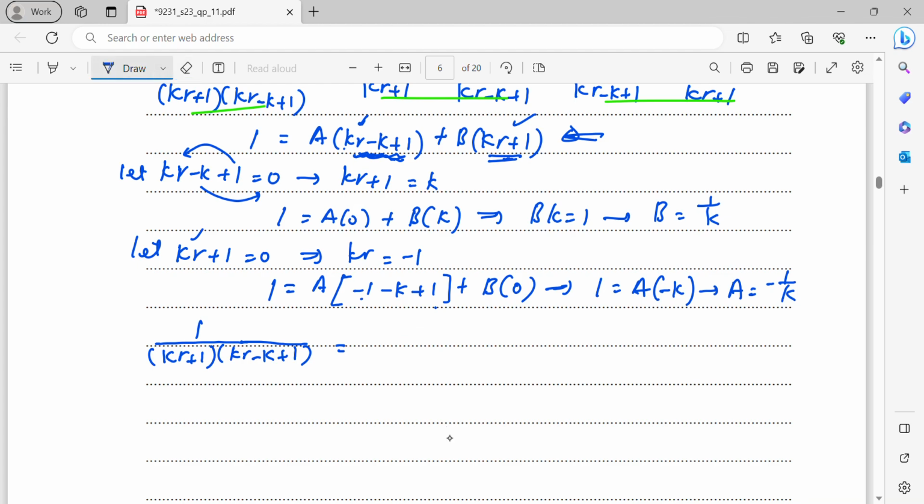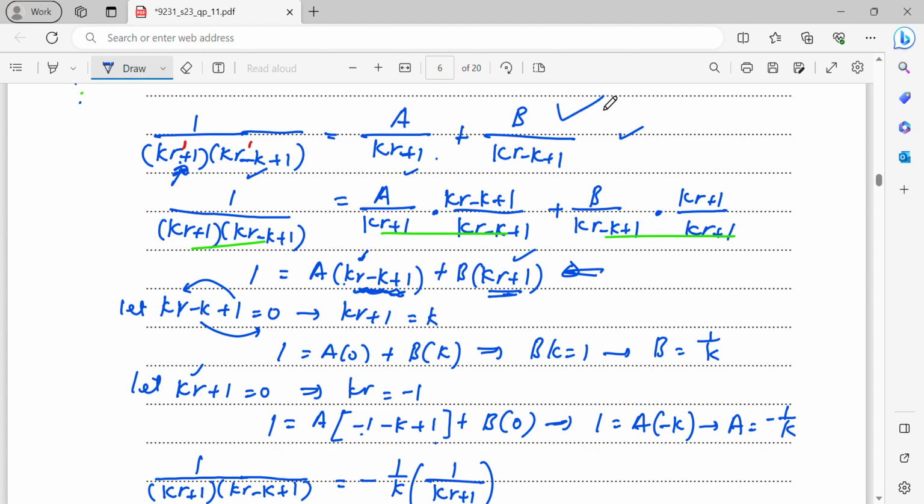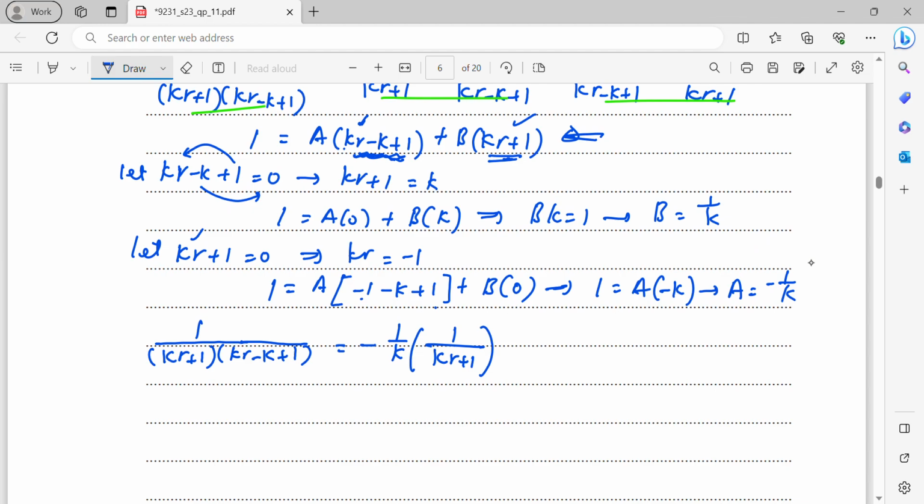So I will write negative 1 over k bracket 1 over kr plus 1. Now my b is 1 over k. Since it is a fraction, factorize 1 over k as well. So now I will get plus 1 over k bracket 1 over kr minus k plus 1.